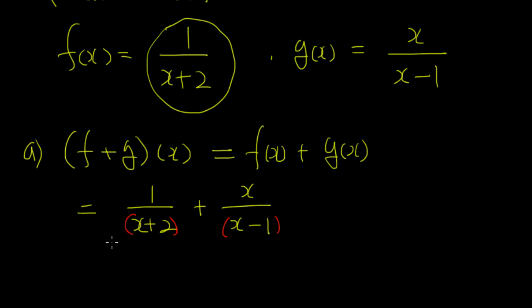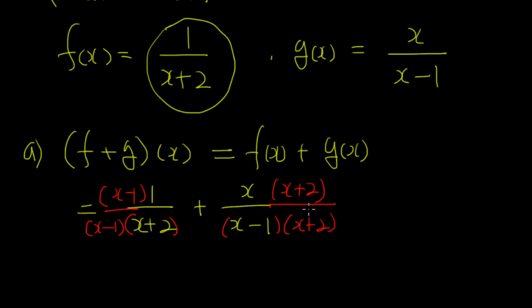So to this, we're going to multiply x minus 1, top and bottom, of course, right? And to this, you're going to multiply the other part, which is x plus 2, like this. Of course, the top and the bottom, right? So this greenish yellow part was the original, and this red part was what we added to make it a common denominator.